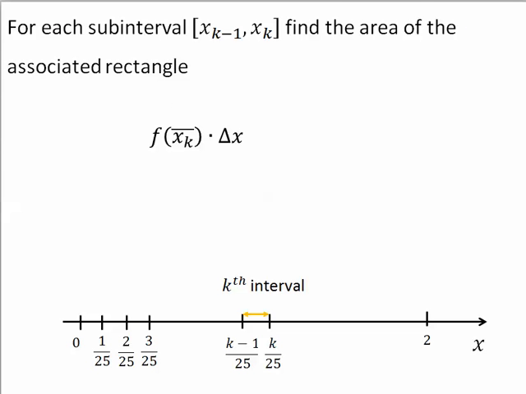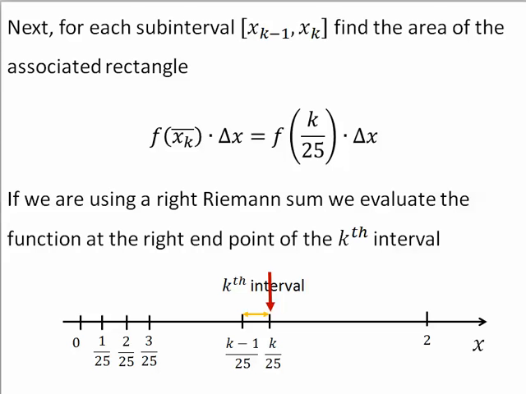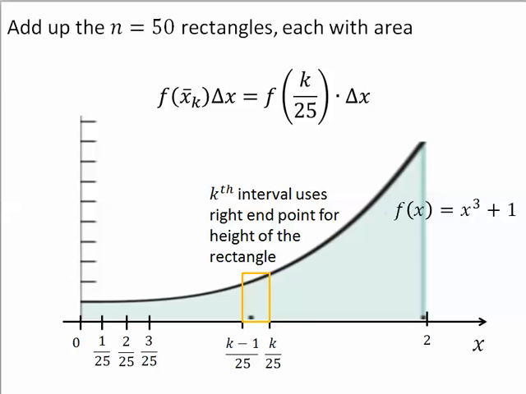For each subinterval, find the area of the associated rectangle. If we're using a right Riemann sum, we evaluate the function at the right endpoint of the kth interval. Next, add up the 50 rectangles.